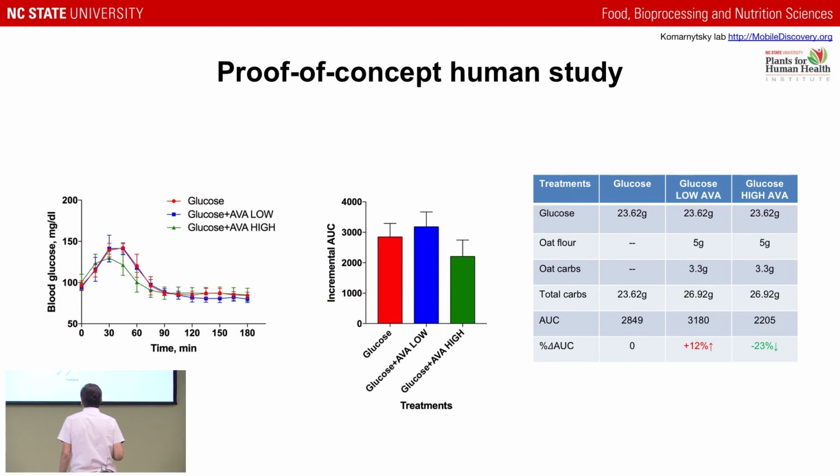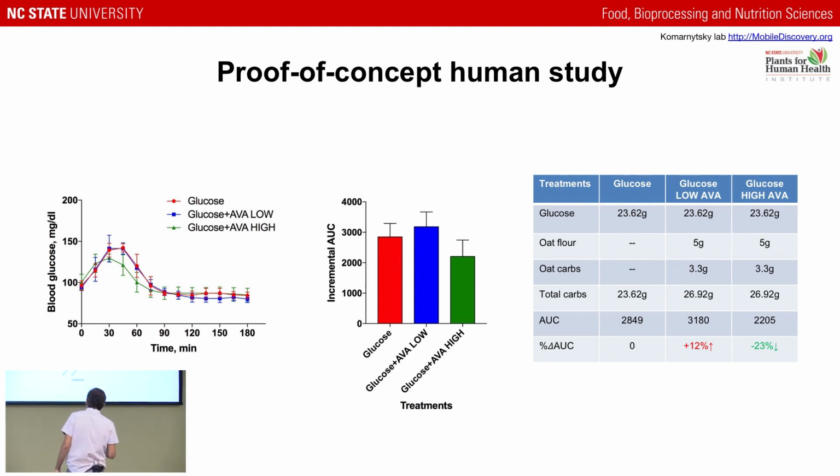If you challenge them with glucose, this is their typical glucose response. It goes up, peaks at 30 to 60 minutes, and then goes down to baseline within 2 hours. If you're a healthy person, that's the response that you want to see. If at the same time as challenging with glucose you present them with oat flour, which is low in avenanthramide, so not bitter, what you see is basically very little change in their OGTT.